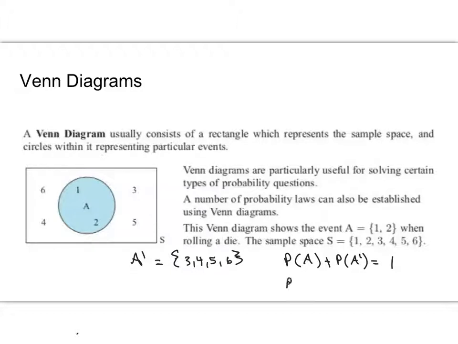Because the probability of event A is equal to 2 out of 6, and the probability of the complement of A is equal to 4 out of 6, and when I add these together, I get 1.